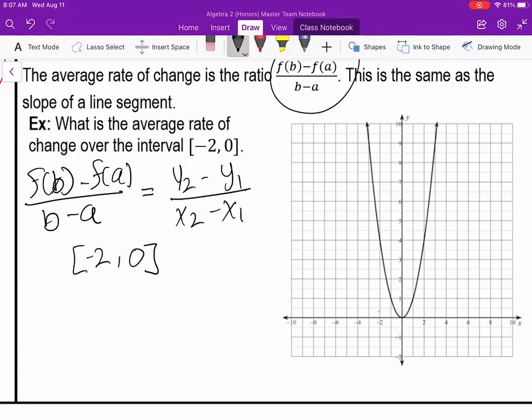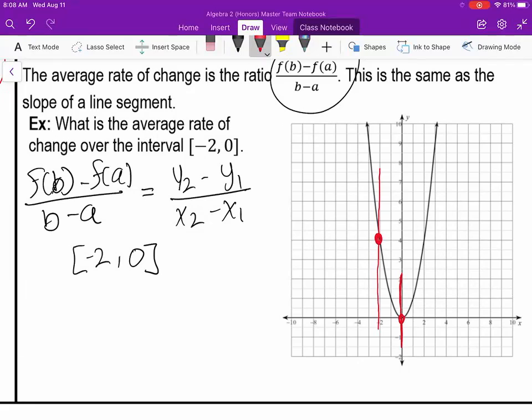Well, let's go ahead and find that interval. -2 is right here, which means that I want to find the rate of change from here. I'm going to do that a little bit different, actually. I want to find the rate of change from -2, which is right there, all the way to 0, which is right there. Okay. So I want to find the rate of change of that little piece. All right.